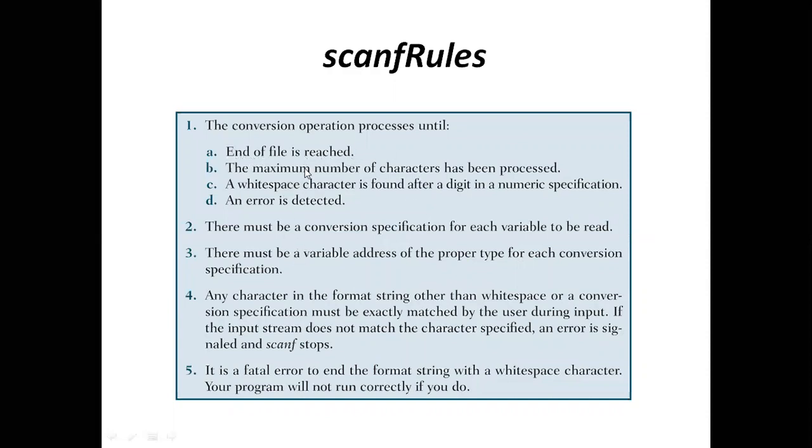Conversion operation processes until the end of the file is reached, the maximum number of characters has been processed, a white space character is found after a digit in a numeric specification, or an error is detected. These are the rules we have. By seeing the examples, you will understand the scanf statement in detail.